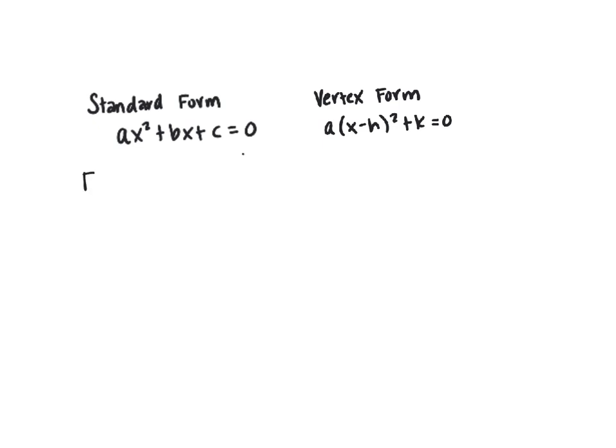We've done things in factored form, where we have the two x values plus or minus their terms equals 0. We've taken equations or expressions from standard form and put them in vertex form using completing the square.